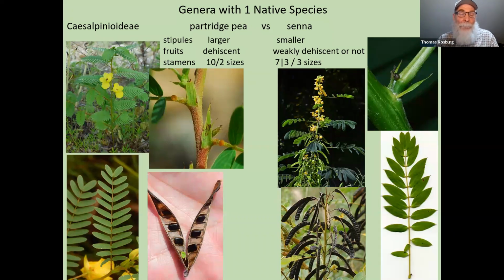A staminode is a stamen that's not fertile, a stamen that does not produce pollen. And so it's really not doing anything that important. Sometimes staminodes do provide nectar, but I don't think these do. So there's only 7 that are producing pollen versus 10 over here. And again, over here, there's 3 different sizes.